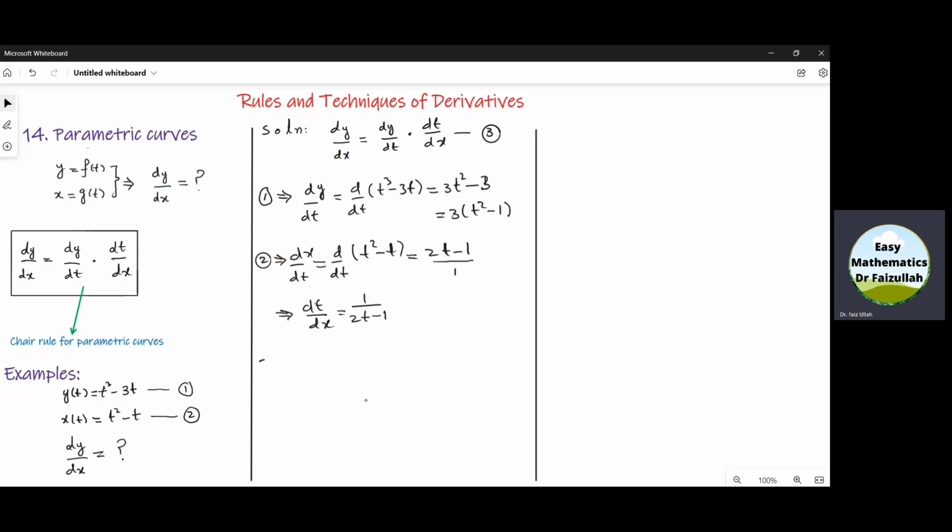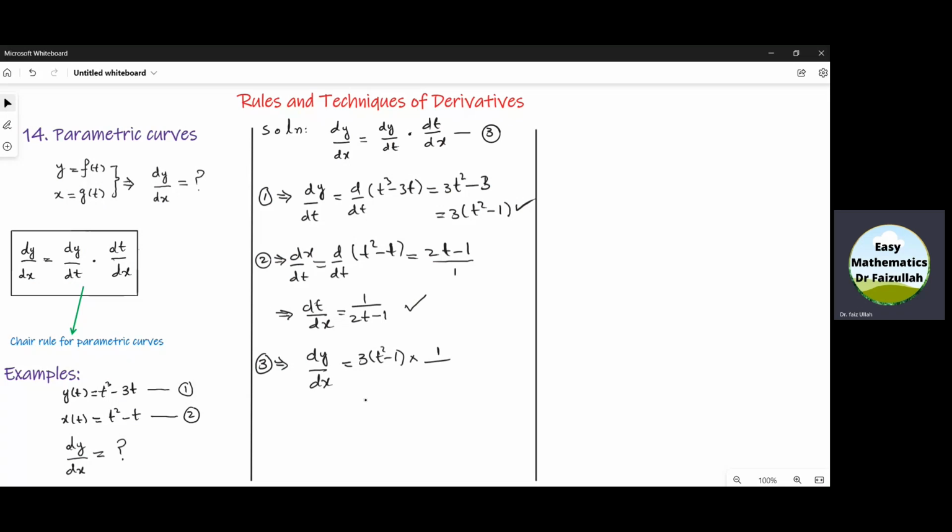Let us substitute these values in formula number 3. So we have dy by dx is equal to, let us put the value of dy by dt, which is given here. So its value is 3 into (t square minus 1). Now into, let us put the value of dt by dx, which is this one.